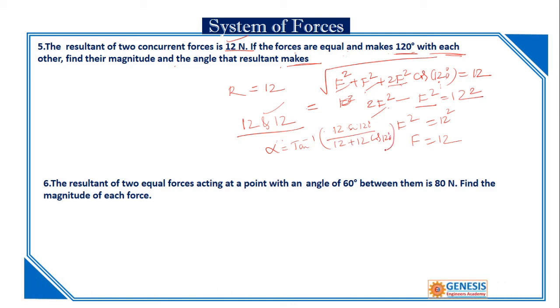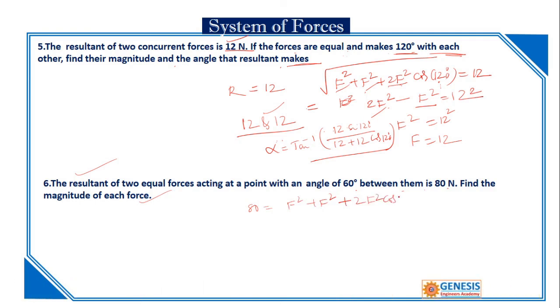The resultant of two forces acting at a point with an angle 60 between them is 80. Find the magnitude of each force. Same case. Means F, and the resultant is 80. F square plus F square plus 2F square cos 60. Cos 60 is half. So what would you get?